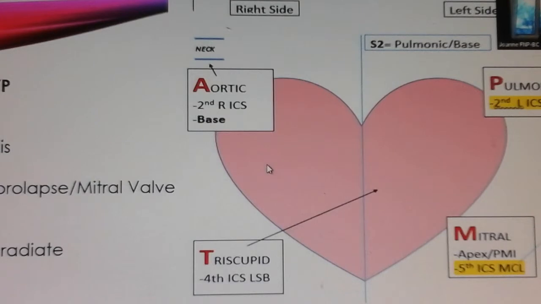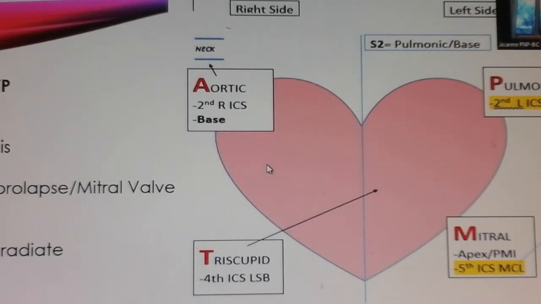Same with all those typical textbook presentations of the diseases. If you don't know the typical presentations of diseases, you're not going to get the question correct. Anyways, sorry, I got sidetracked there. S2 is the only heart sound found in the pulmonic area. Everything else, 1, 3, and 4, is at the apex.